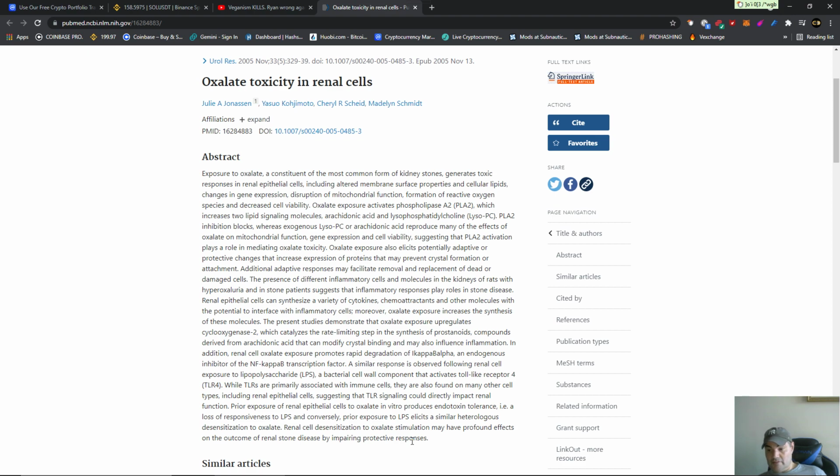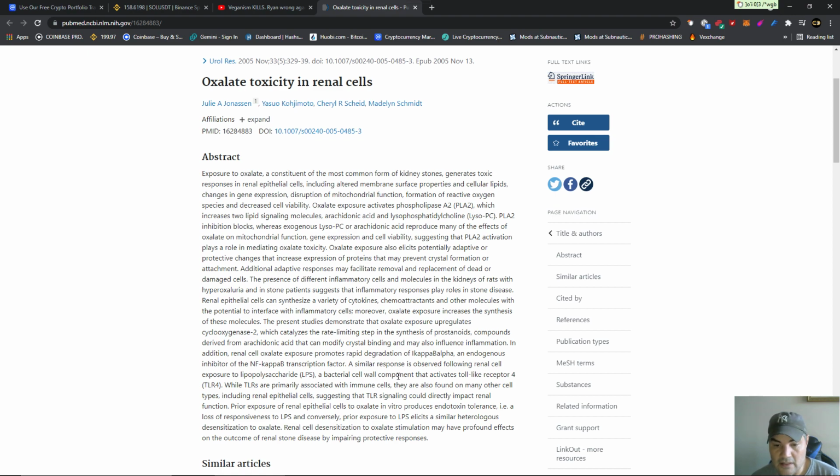What are your protective responses? Everybody? Your immune system. That's all it took, is a brief reading of the abstract to understand what's going on here. They gave you the two lipids that signal the body to begin inflaming the renal cell tissue because of oxalate irritation.